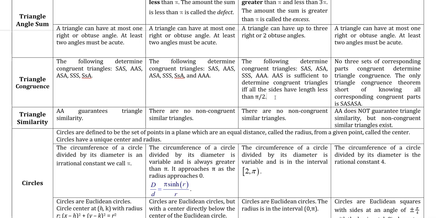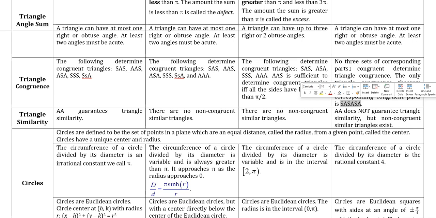But the one that's really weird when it comes to triangle congruence is taxicab geometry. In taxicab geometry, no three sets of corresponding parts congruent is enough to determine triangle congruence. In fact, the only way you can get congruence other than just showing all 6 parts are congruent is this one right here. We're just missing one angle.